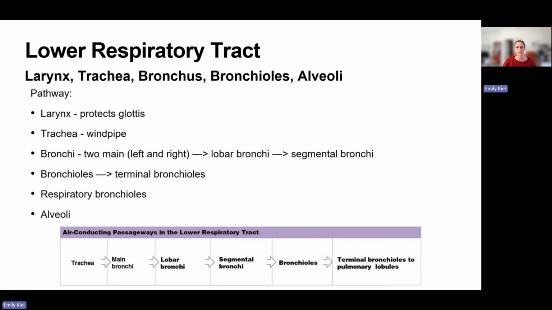And those are going to divide into lobar bronchi and then to segmental bronchi. And from those segmental bronchi, we go into bronchioles. The word means little bronchus, and then terminal bronchioles, which are going to take us even further to the pulmonary lobules, through the respiratory bronchioles, and then to the alveoli. So we'll go through each one step at a time.